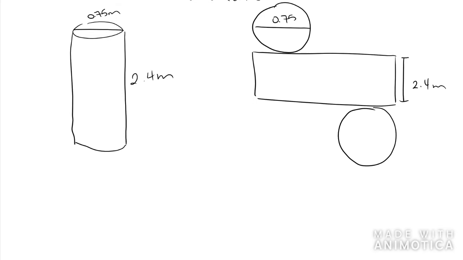So let's figure out the area of our circles. Pi r squared. Well, do we have r? No, we have d. So we still have to figure that one out. Remember, to find r, all we have to do is divide d in 2.